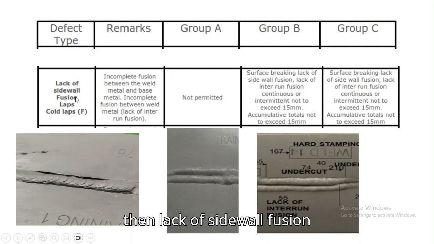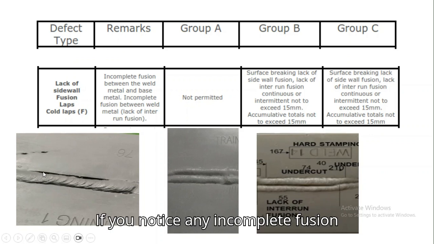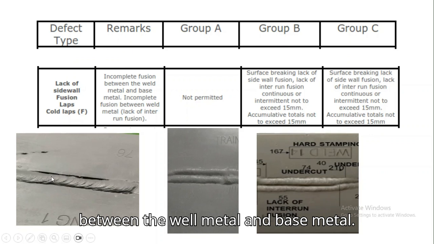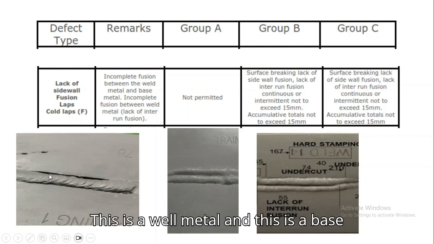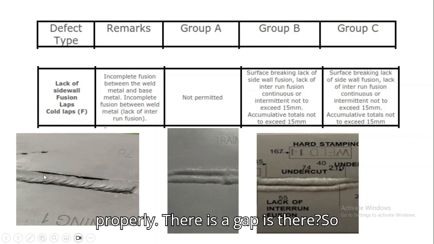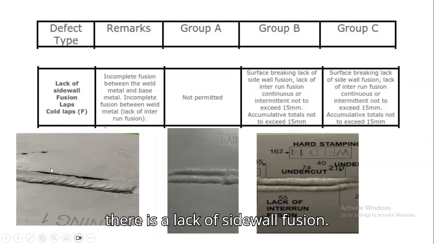Then lack of sidewall fusion, laps and cold laps. Definition: if you notice any incomplete fusion between the weld metal and base metal, this is a weld metal and this is a base metal, and the weld metal is not fused properly, there is a gap, so there is a lack of sidewall fusion.